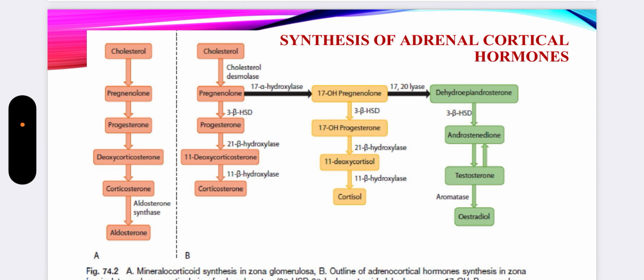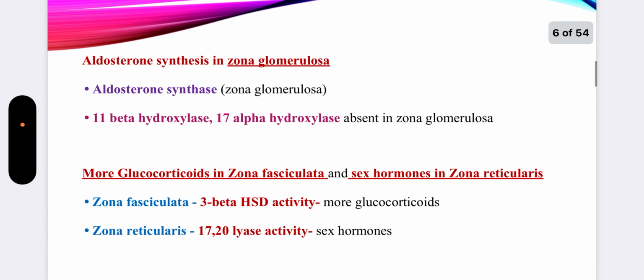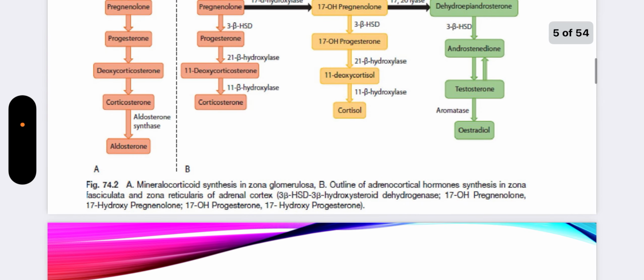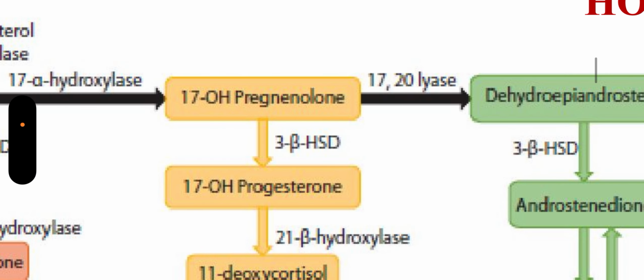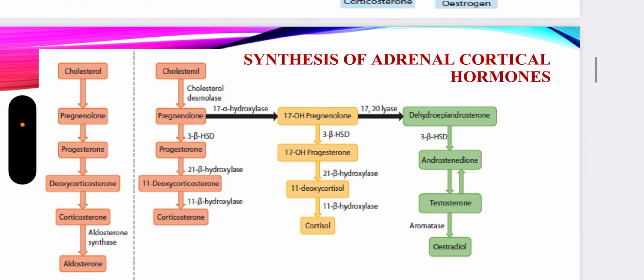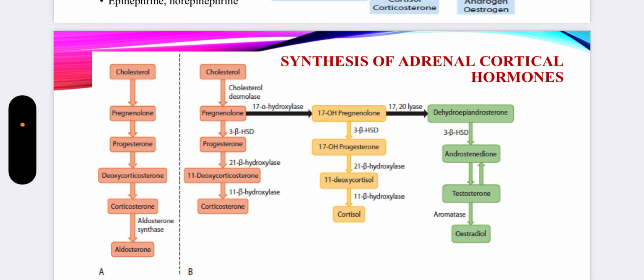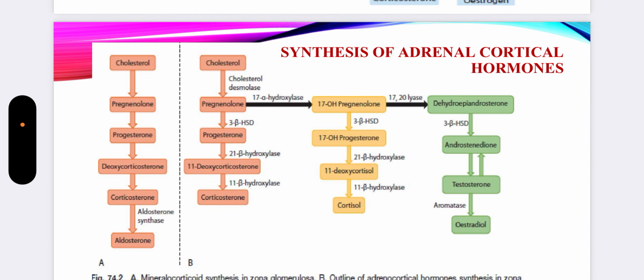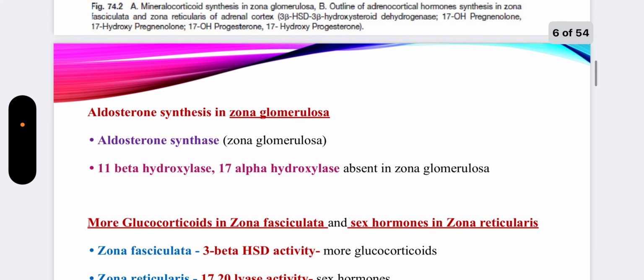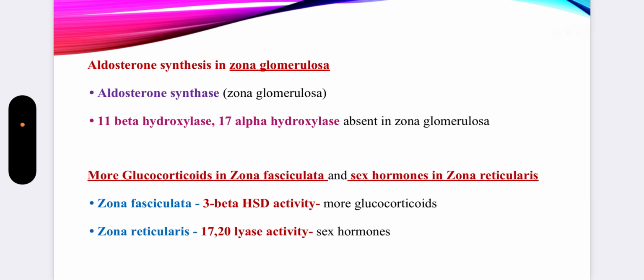Whereas in zona reticularis, 17-20 lyase activity is more, so more of the 17-hydroxypregnenolone is diverted in the horizontal chain of reactions to form dehydroepiandrosterone. So horizontally acting enzymes form more sex hormones, whereas the enzymes forming cortisol and corticosterone, that is 3-beta hydroxysteroid dehydrogenase, have more activity in zona fasciculata. So this is the answer to both of the questions.